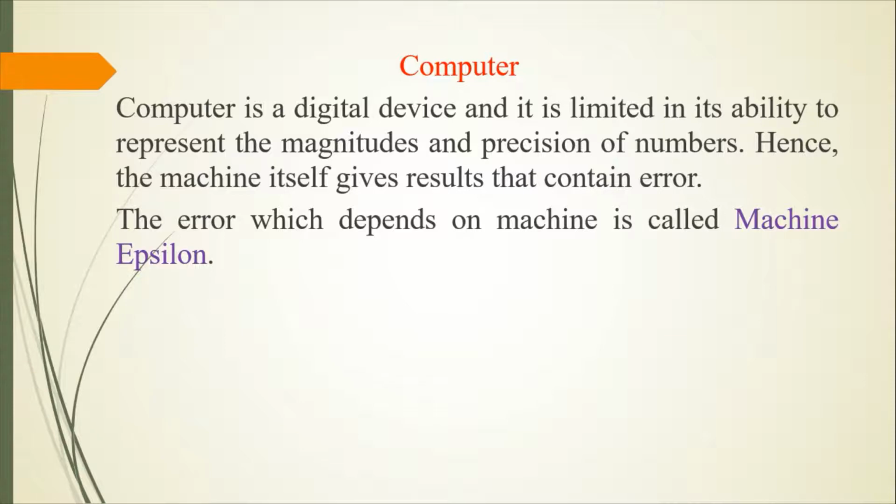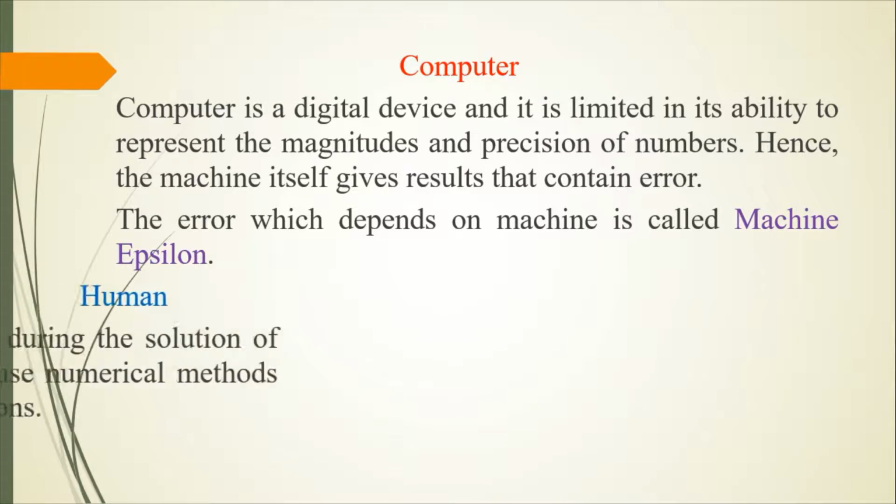Computer is a digital device and it is limited in its ability to represent the magnitude and precision of numbers. That is, computers are usually designed such that each location in memory stores only a finite number of digits. Hence, the machine itself gives results that contain errors. The error due to the machine is called machine epsilon.